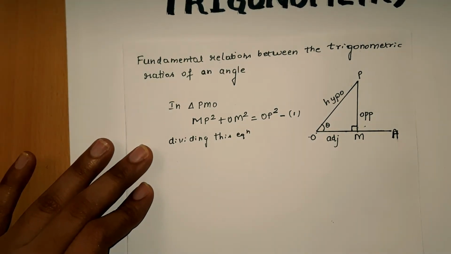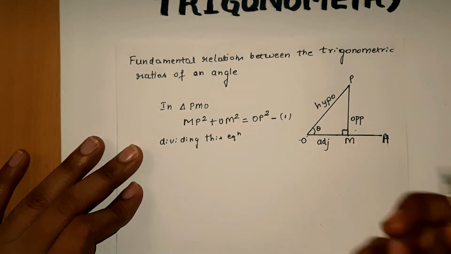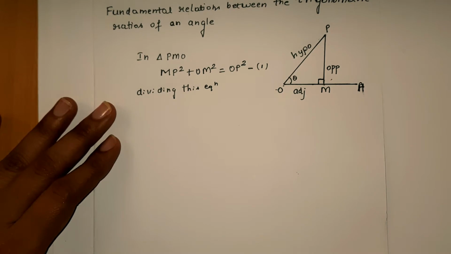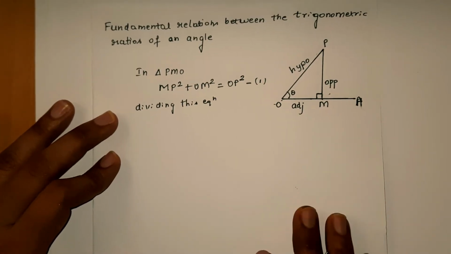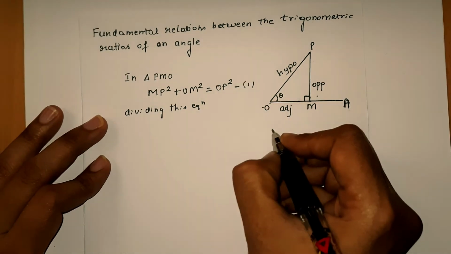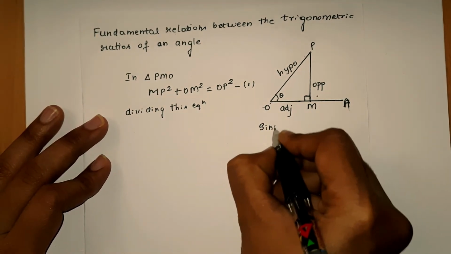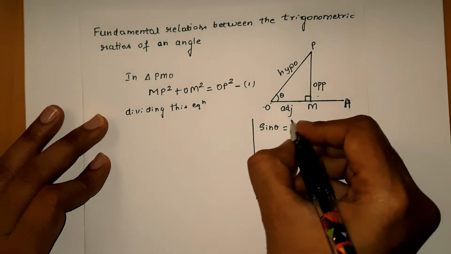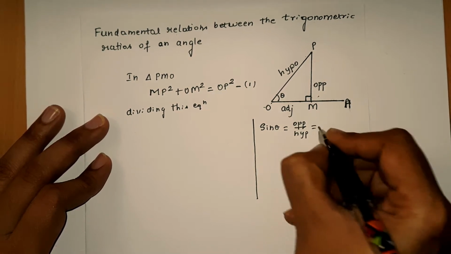Before dividing, you just consider this right angle triangle and write the different trigonometric ratios that we have discussed in the previous classes by looking at the diagram given here. So sin theta is given by opposite side by hypotenuse side.